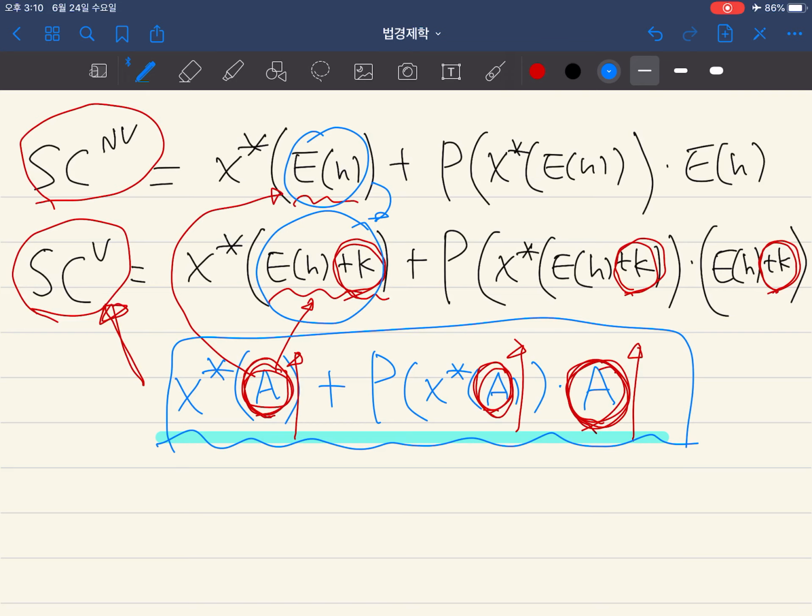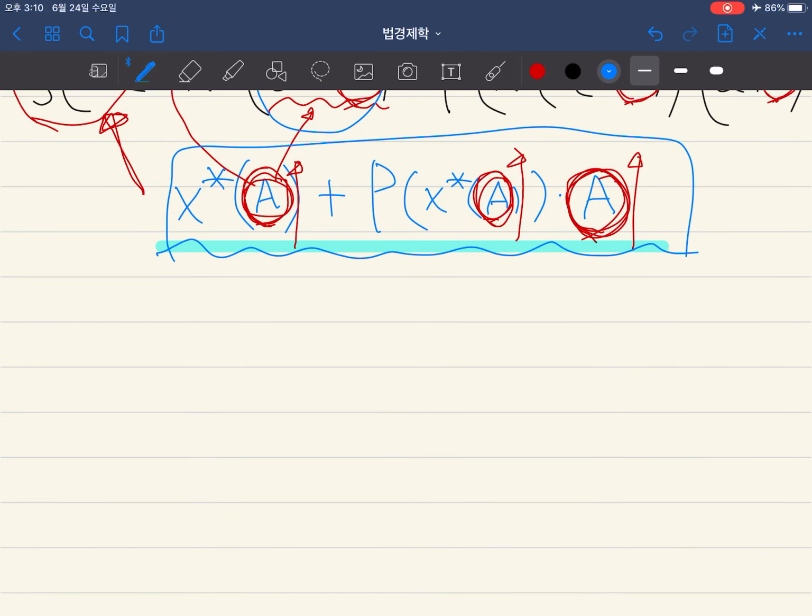So how do I know? Let's call this blue expression a big F function, and let's consider this big F function has a variable A. And actually this is what we saw last time.